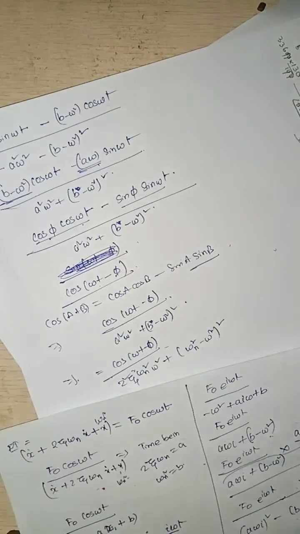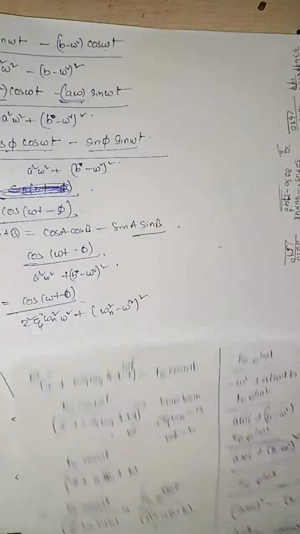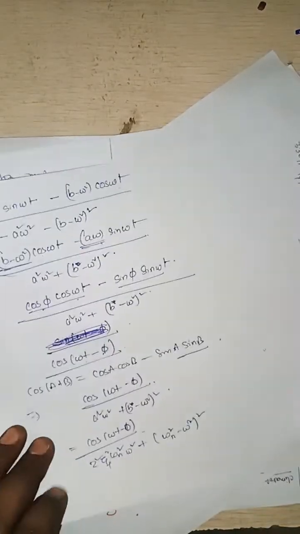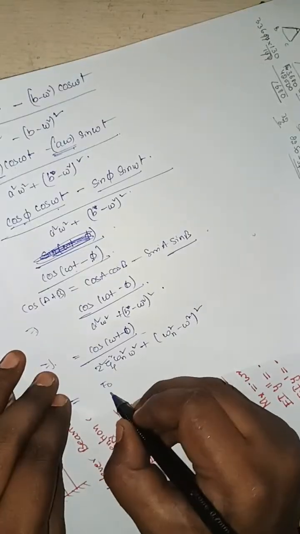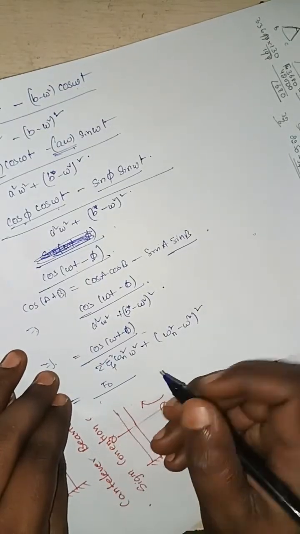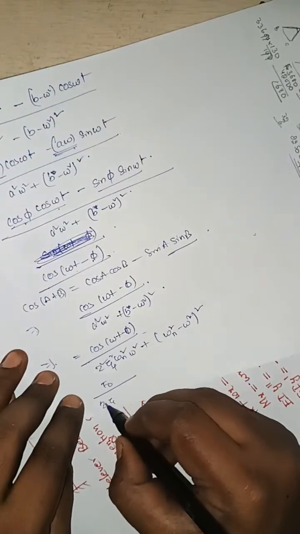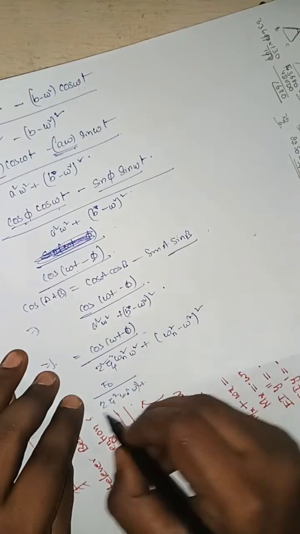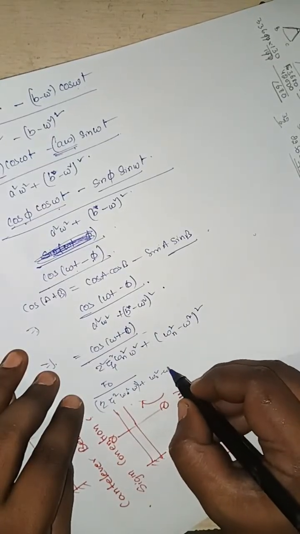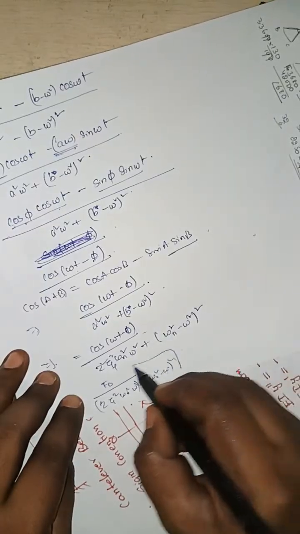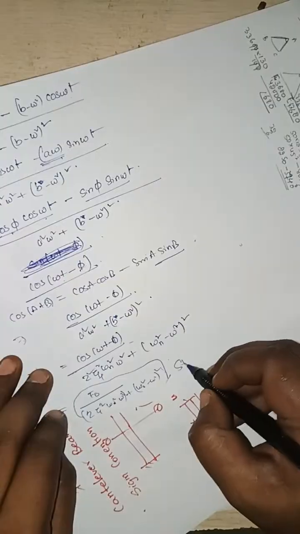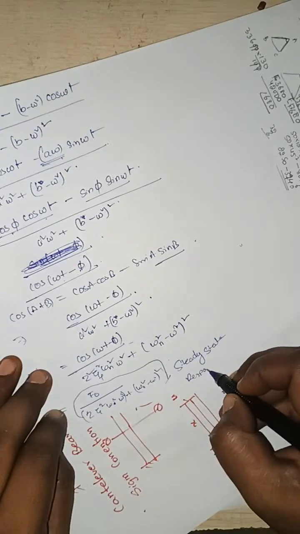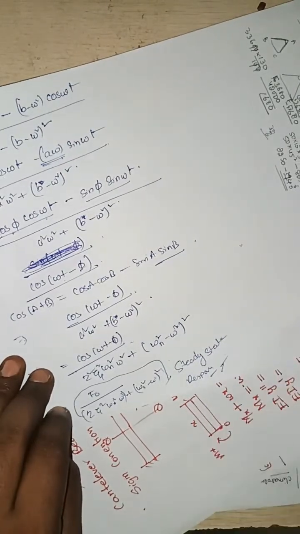Most of this will boil down to f naught divided by this equation, 2 into zeta square omega n square plus omega n square minus omega square whole square. This is nothing but the steady state response of a system.